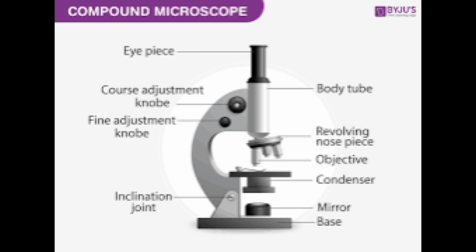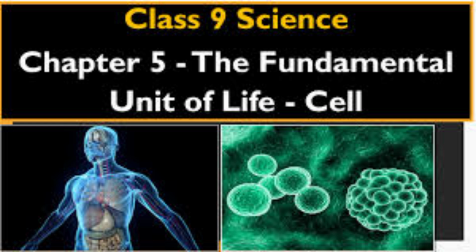Eyepiece, body tube, coarse adjustment, fine adjustment, arm, objective lens, clip, microscope slide, stage, condenser, mirror and base. These are the parts of the microscope.